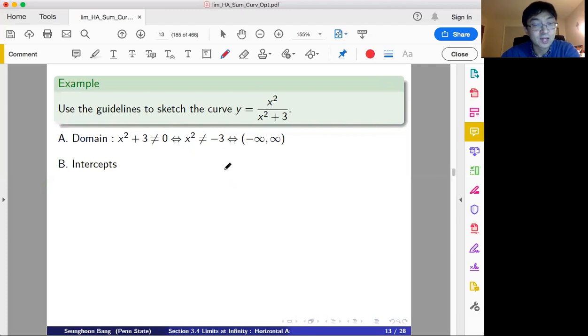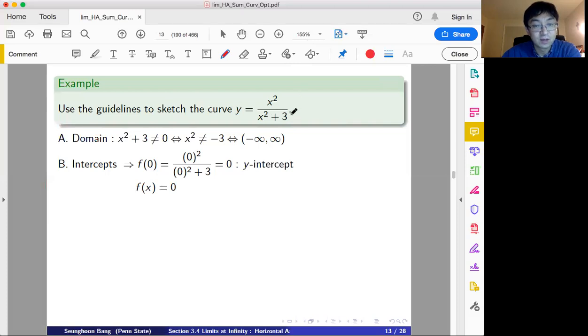How can you find the y-intercept? The y-intercept is f of 0. We plug 0 into x here. So we have 0 squared over 0 squared plus 3, which is 0. 0 is the y-intercept. How can you find the x-intercept? The x-intercept is f of x equal to 0.